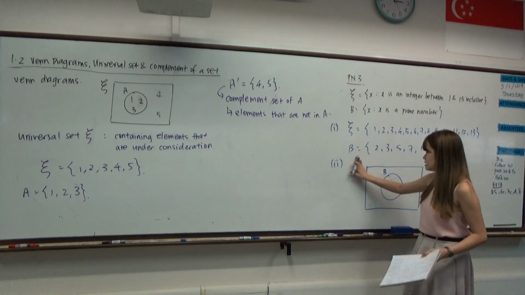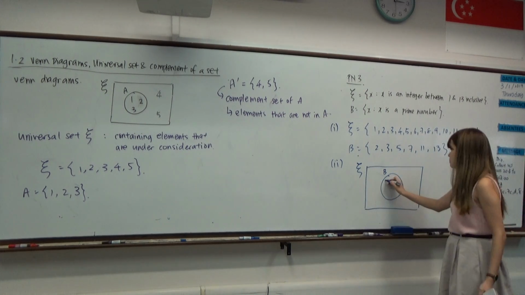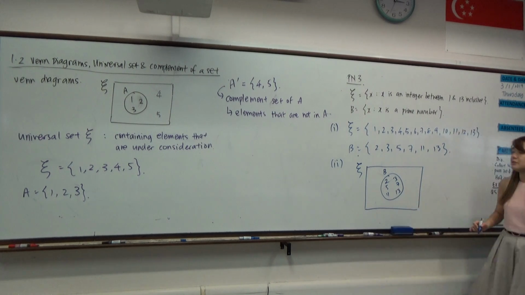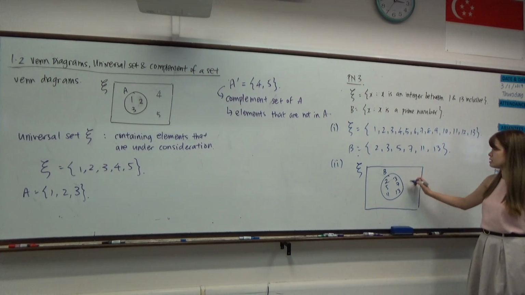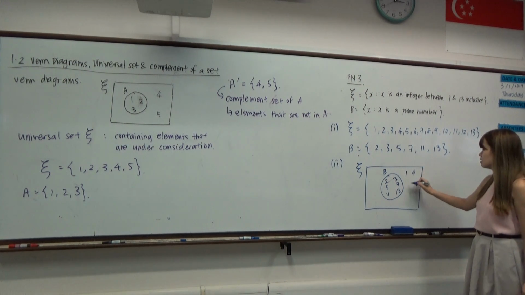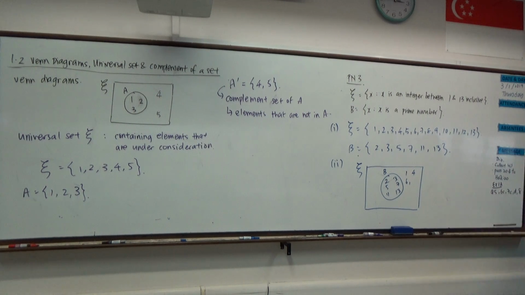So you have your universal set and B. So put in whatever that's in B first. Then after that you put the things that are not in B outside. Why you got number in B that's not in universal? Cannot be. Because B is guided by the universal set.